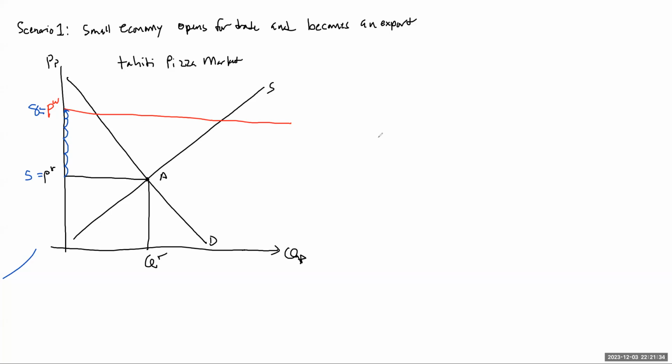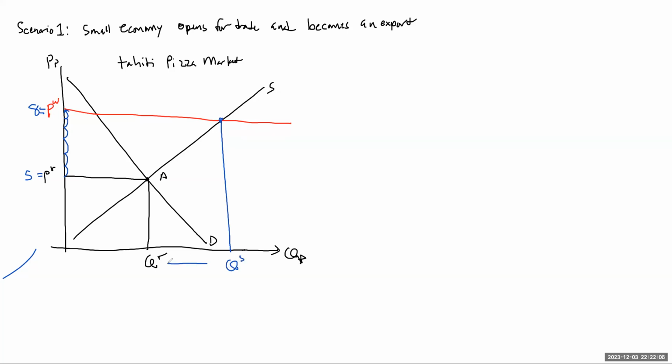So the price of pizza in Tahiti has to go up to $8 a slice in order to entice Tahiti Pizza Hut to start selling some pizza in Tahiti. When this happens, when the domestic price of pizza moves up to $8 a slice, or the world price, everybody and their grandmother is going to sell pizza in Tahiti.